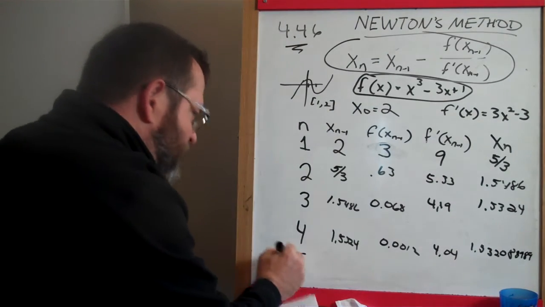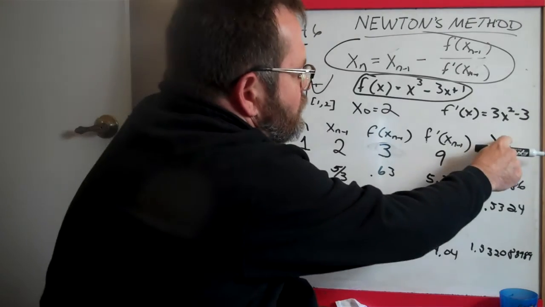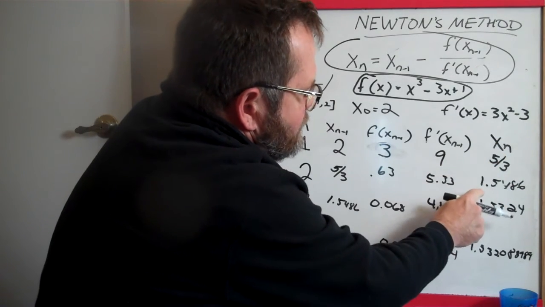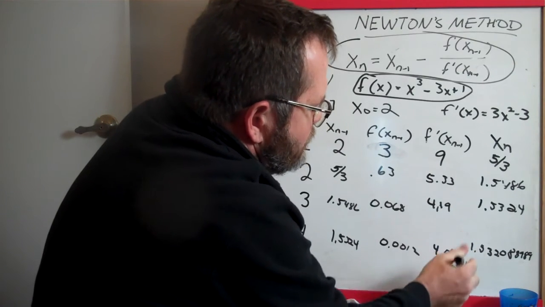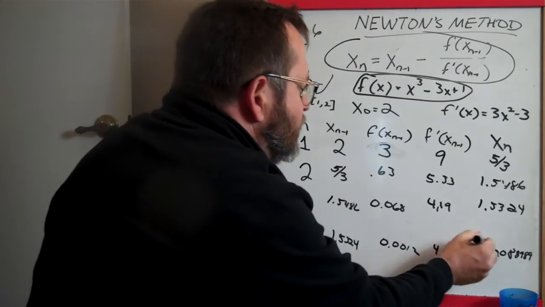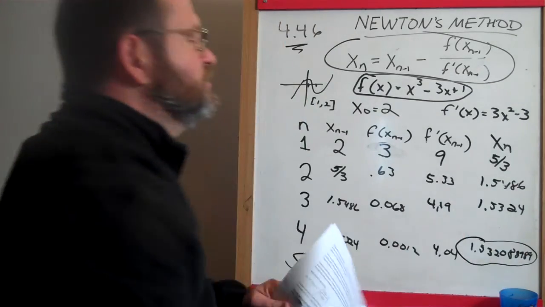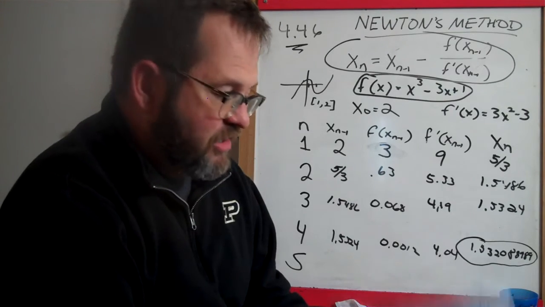And we could keep going as many times as we wanted. Notice that the solution went from 2 to 1.66 to 1.54 to 1.53 to 1.532. Notice we're getting closer and closer to an answer here, somewhere near 1.530828888989, or whatever that number is going to be, our solution.